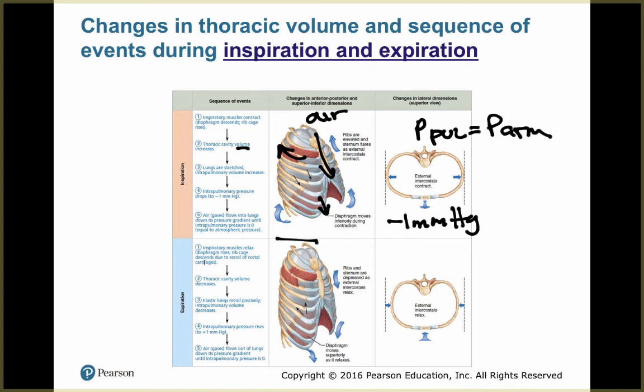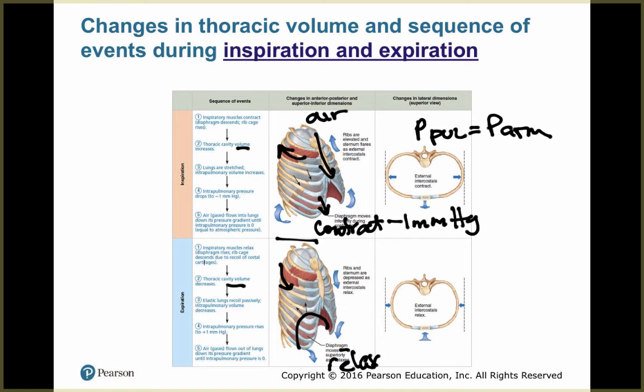Expiration: essentially what happens is your inspiratory muscles relax, as your diaphragm relaxes. Here it contracted, here it relaxes, so it goes dome-wise. The ribs go back down and in, so it reduces the volume of the cavity.